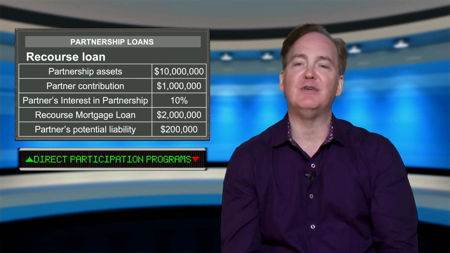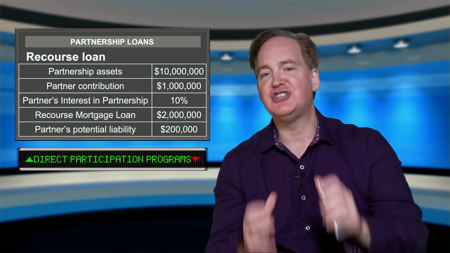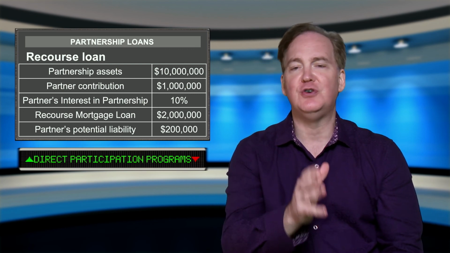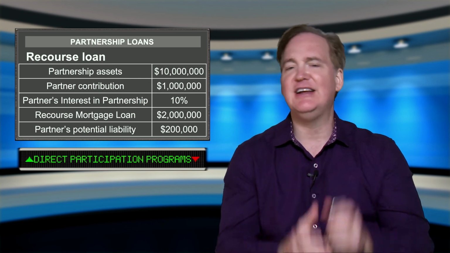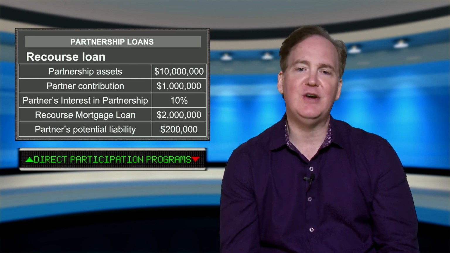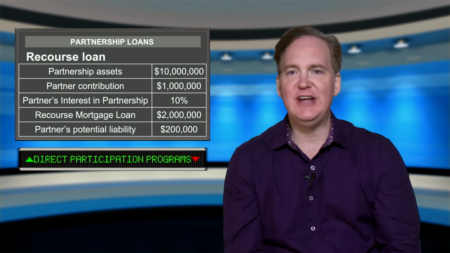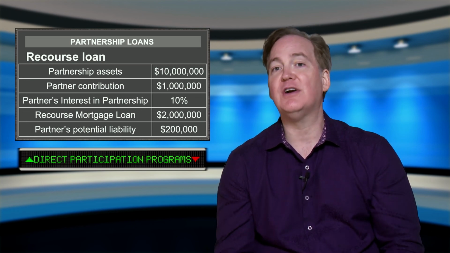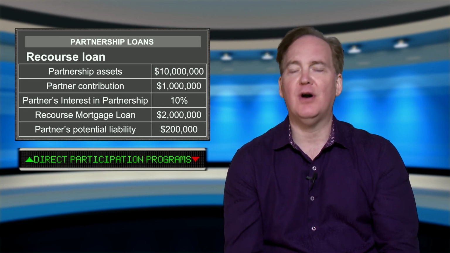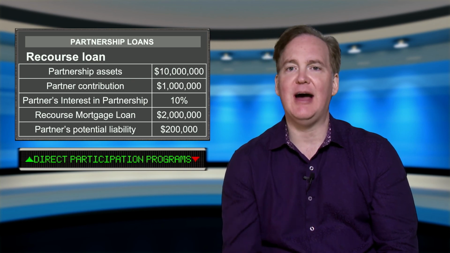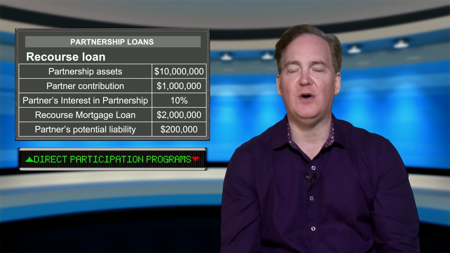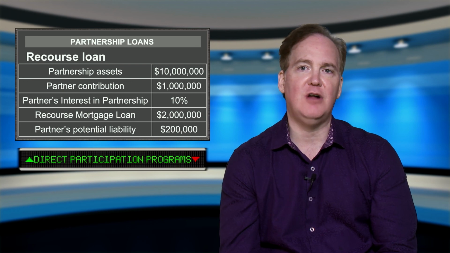Each partner would be responsible for their percentage contribution to the partnership. So big difference between a non-recourse loan and a recourse loan. The recourse loan can require the limited partner to invest additional capital to cover the shortfall on any particular loan.